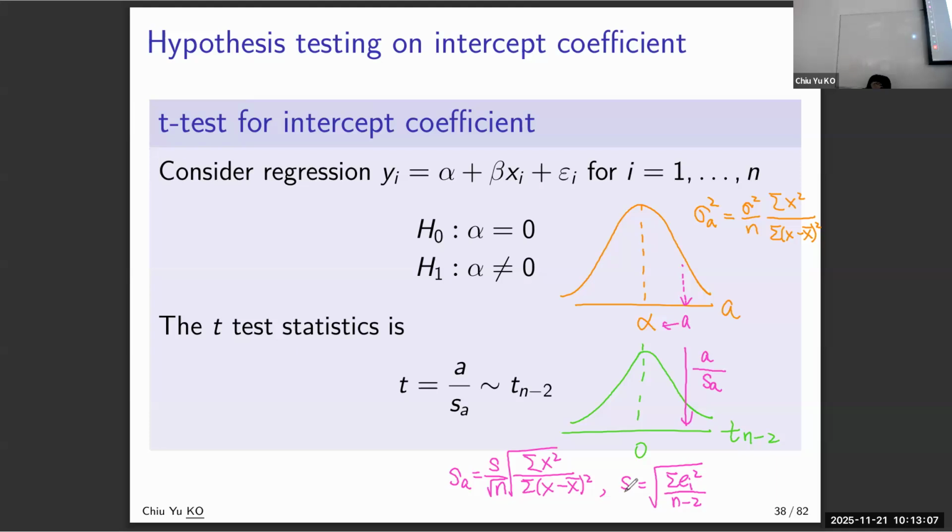Although you can see the calculation is very convoluted, very complicated, just to remind you that we are never doing this calculation by hand. Although in the slide I show you how to do it by hand, this is automatically output from Excel or any software. The idea will be simply checking the p-value.